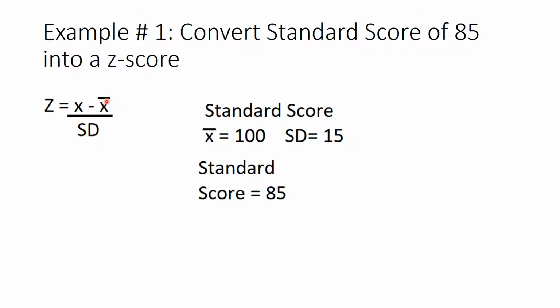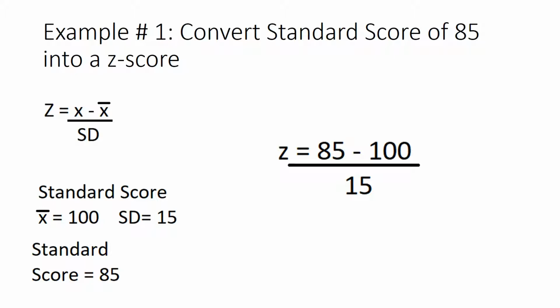And then we've got to plug in the standard deviation of standard score, since once again, as I said, the x right here is a standard type of score. And the standard deviation of standard score is going to be 15. So this is what your problem should look like so far: you should have plugged in 85 minus 100 over 15.